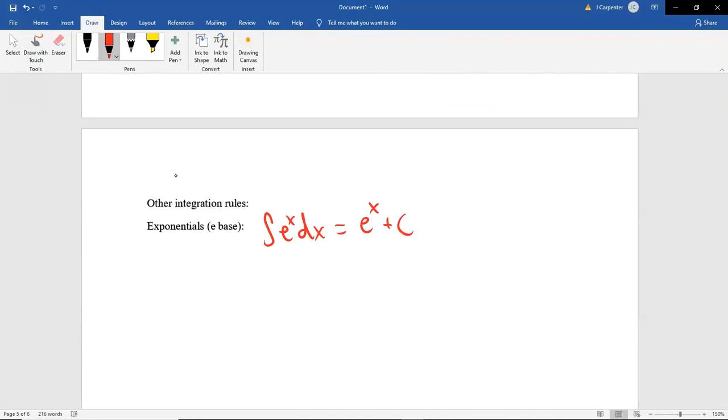This only works if the base is e, just like the derivative only worked if the base was e. The derivative of an exponential was itself, as long as the exponent was just a plain x. We had that chain rule that got involved with it as well, but for now, we're just going to keep the exponent simple. We'll play with that soon enough.